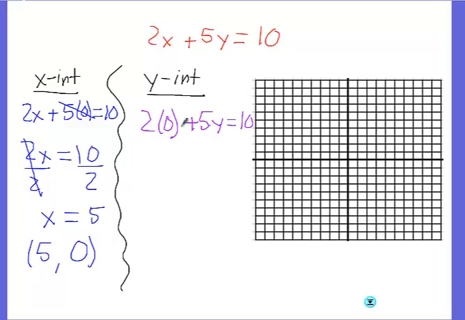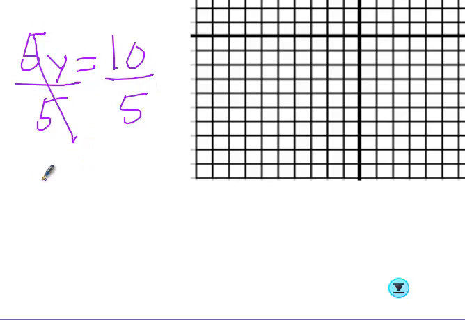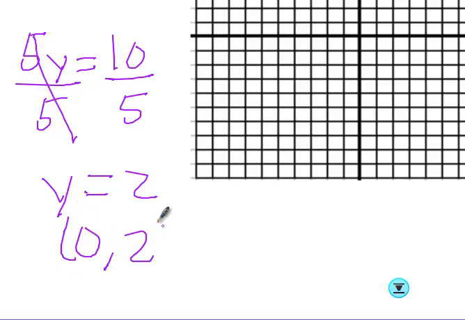Okay? So we get 2 times 0 plus 5y equals 10. We know that 2 times 0 is 0, so we get 5y equals 10. Divide by 5, and you know that y is equal to 2. Okay, so your y-intercept is going to be 0, comma 2.